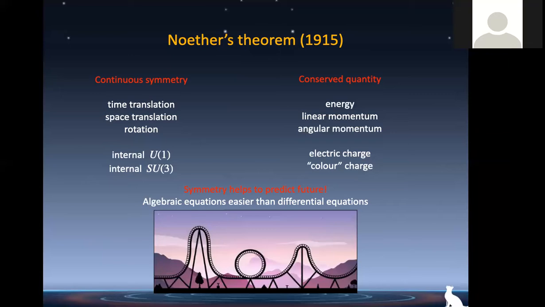The mathematical reason is that, for people who are familiar with the language, conservation laws state that a vector is equal to itself before and after some events, like the case of the scattering of the billiard balls. So these kinds of equations are algebraic, like A plus B equals C plus D. But the equations of motion, as I said at the beginning, are differential. They cannot be solved like X equals something with some formula.